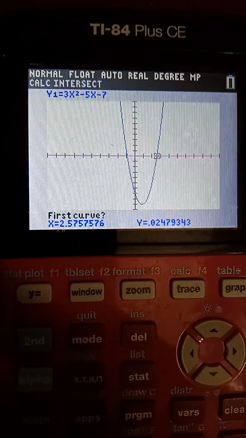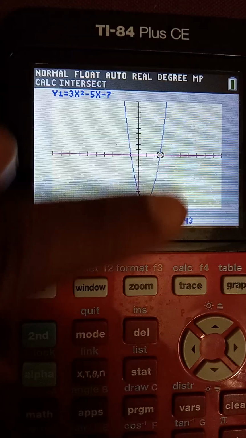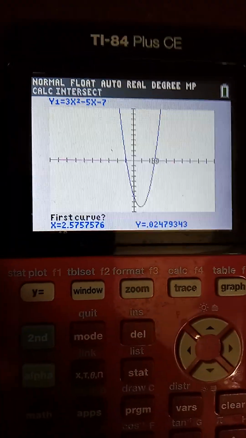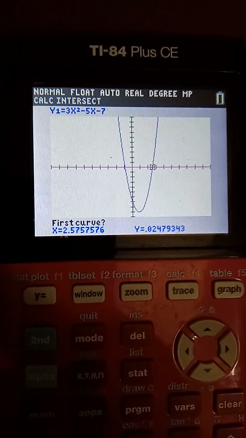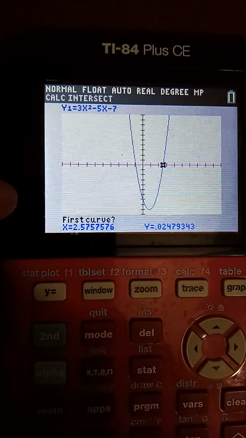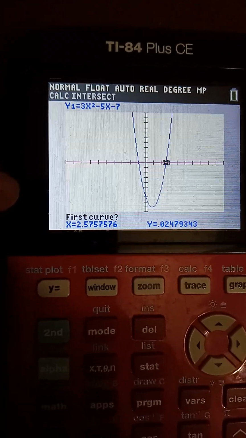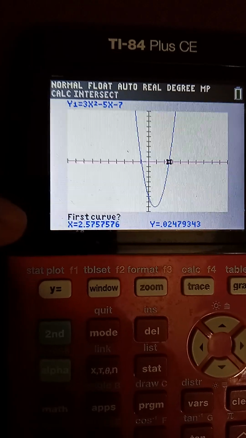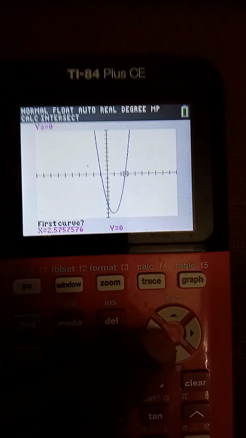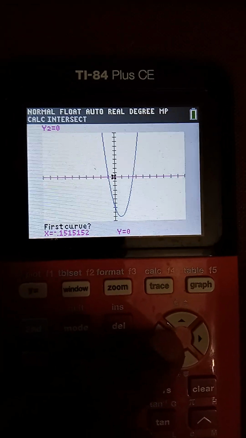So the x-axis is in purple and the y-axis is in black. Okay, so we want to know the solutions for where the blue graph intersects the purple line, at this point and at this point right here.